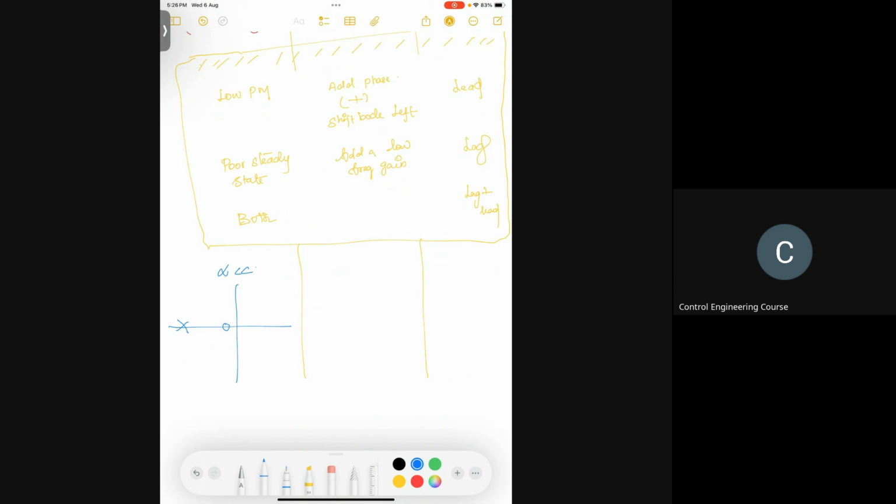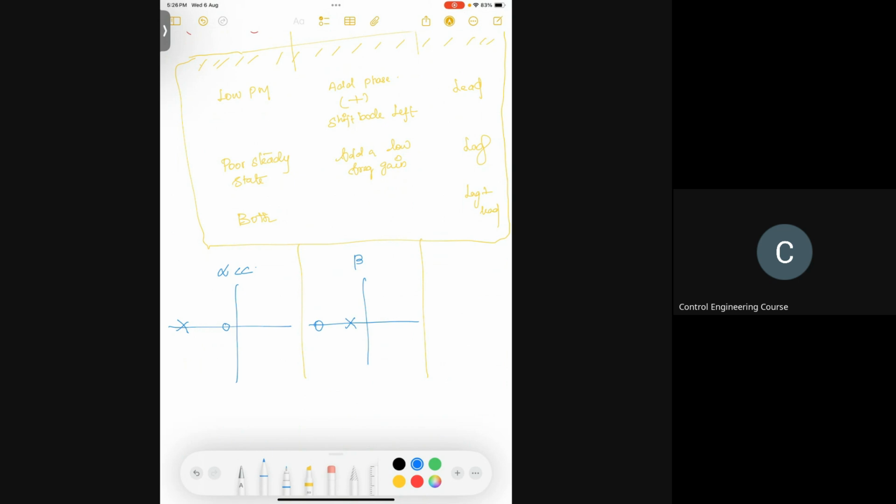In case of lag compensation, the zero will be located very far from the pole, right? So by placing this pole and zero at proper locations, we will get the desired output response, or desired transient or steady state response.